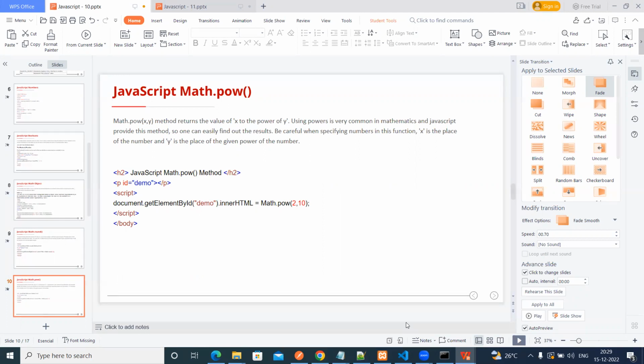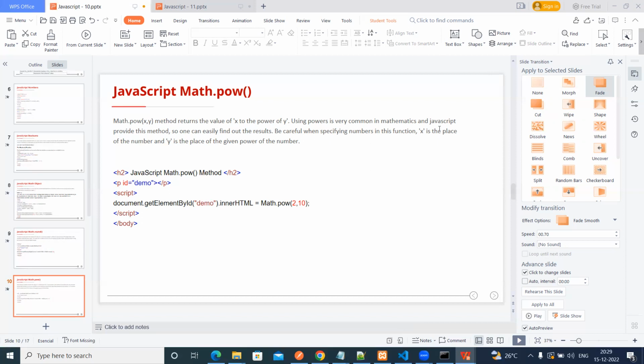Power is very common in mathematics, and JavaScript provides this method so one can easily find the result.